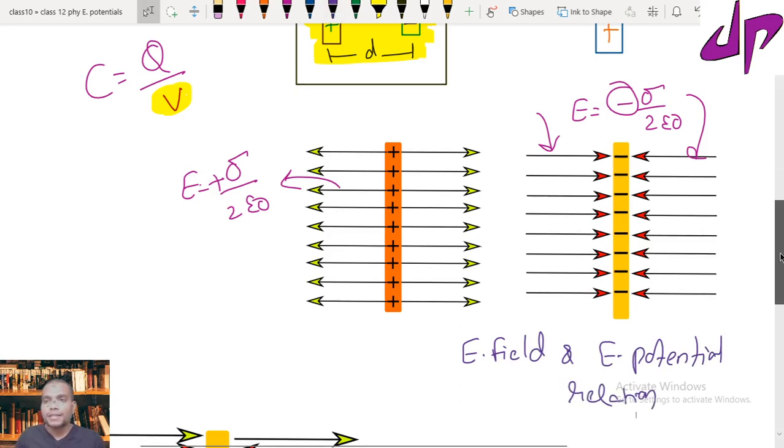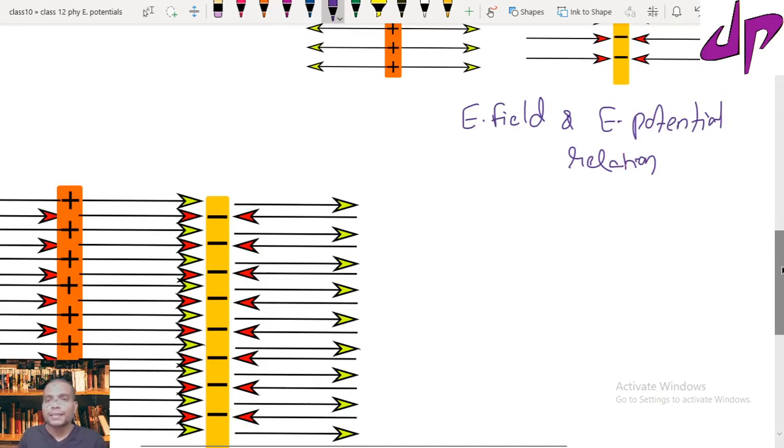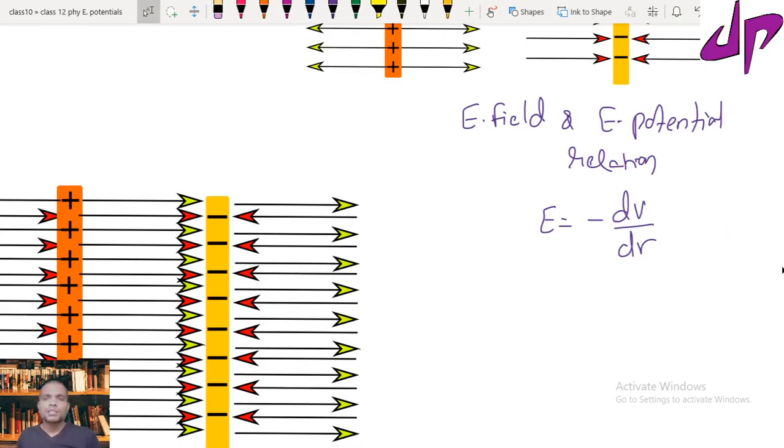We can write electric field E equal to minus dV by dr, where r is a small distance. If I take only the magnitude, I can take the modulus, and the minus sign tells about the direction of the electric field. The electric field points in the direction where the potential decreases.